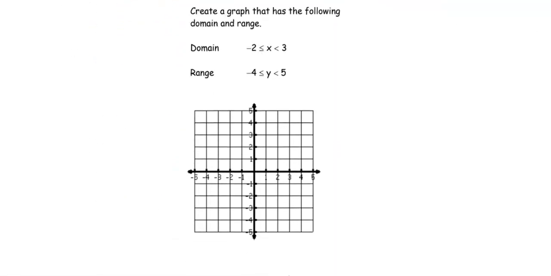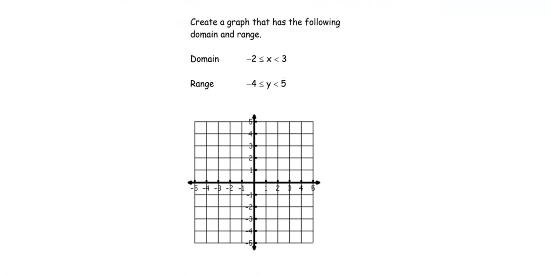Now, from this we can also write graphs. If I know that my domain goes from -2 inclusive to 3 exclusive, and my range goes from -4 inclusive to 5 exclusive, I can write a couple different graphs if I want to, but we're just going to come up with one certain situation here.